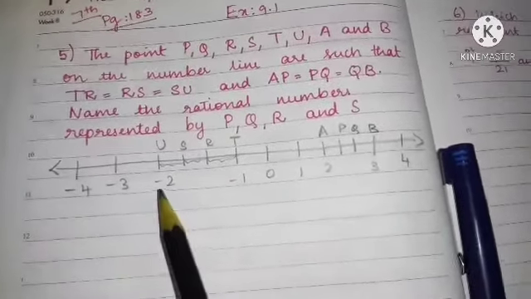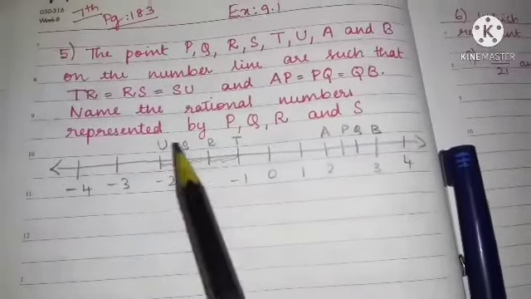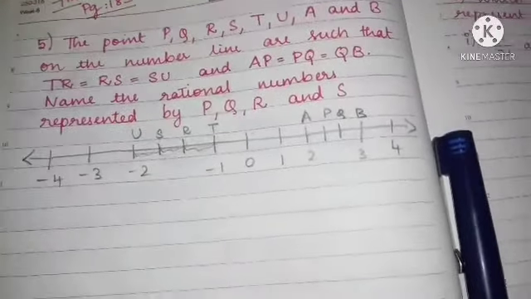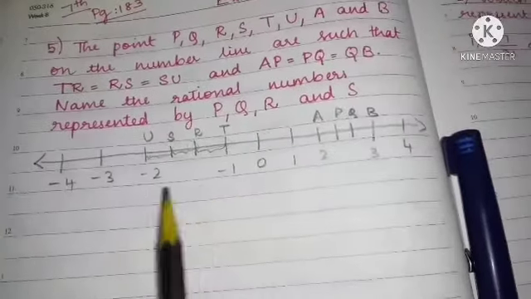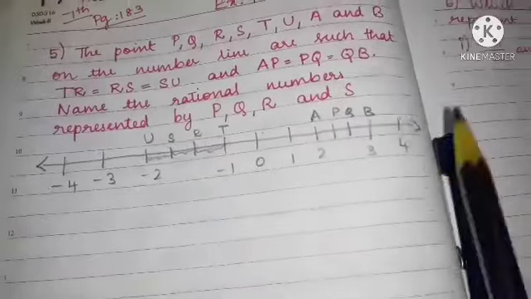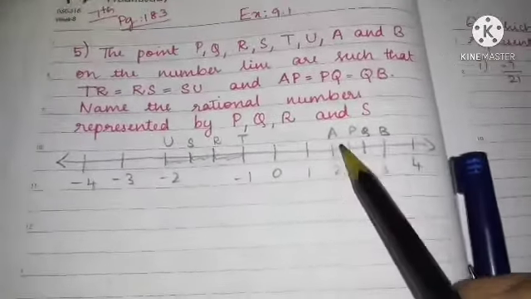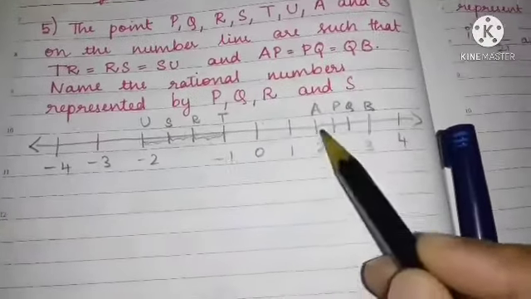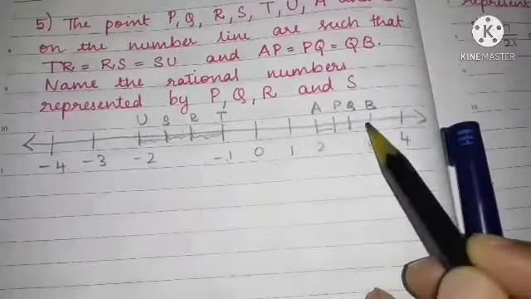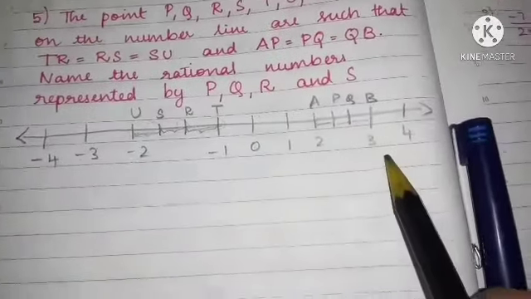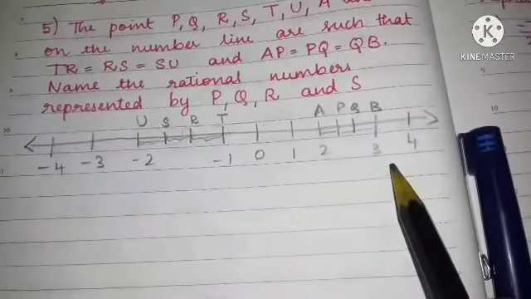So from minus 2 to minus 1, they have divided into 3 equal parts. Correct? That is the meaning. Then AP equal to PQ equal to QB, which means all the three are equal. So from 2 to 3, we have divided into 3 equal parts.